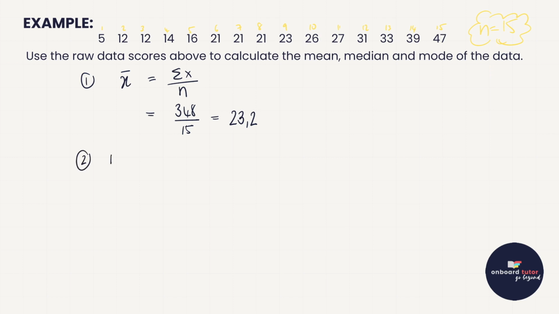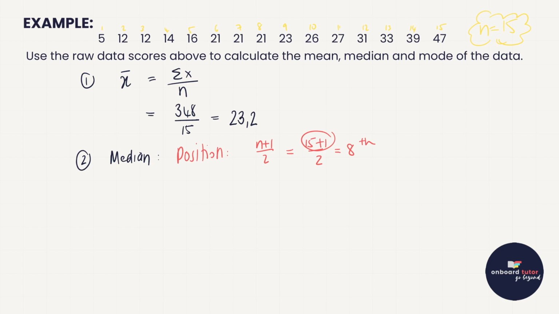Now, the median, we're first going to say, okay, where is it located? So the position of this, there are 15 scores. Remember the formula said, n plus 1 divided by 2. So 15 plus 1 divided by 2, and that makes 16 divided by 2. So it's the 8th data value.